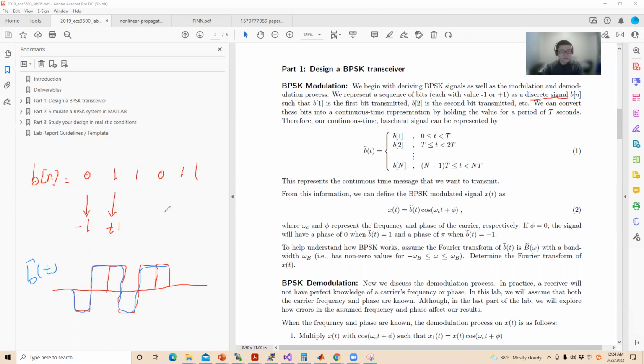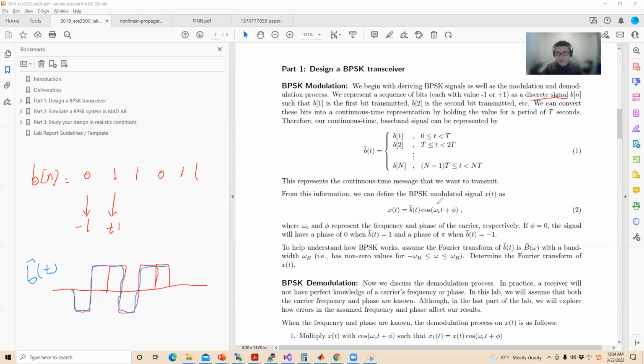After that, we need to multiply this baseband signal with the cosine function to make it a high frequency signal.